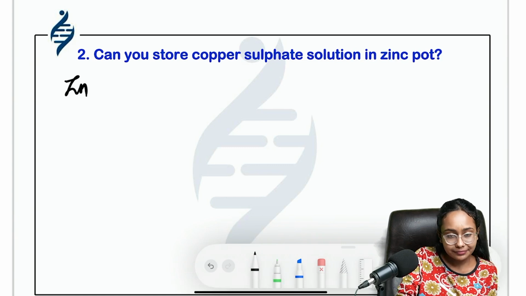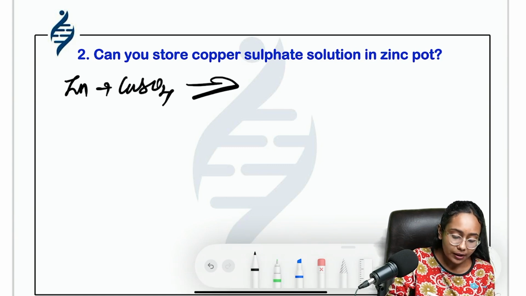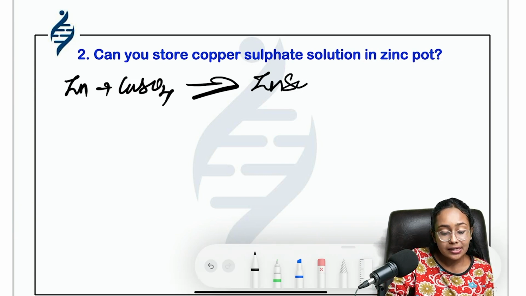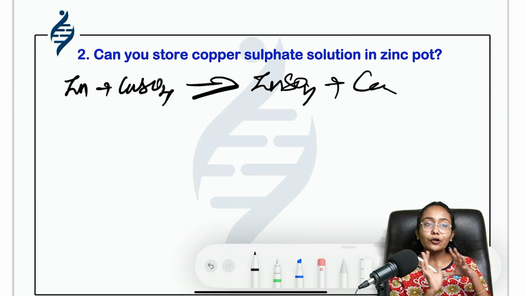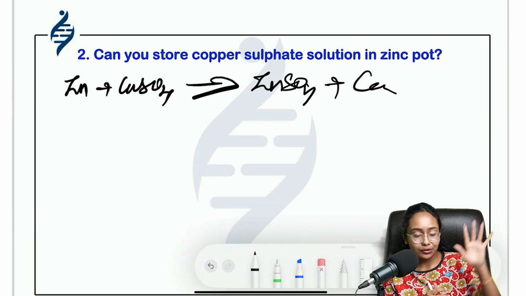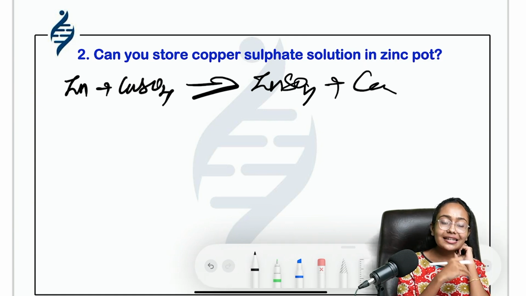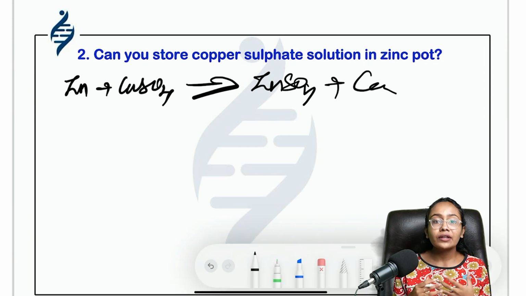Zinc, when reacting with copper sulfate, CuSO4, actually displaces copper. So what happens? Zinc sulfate is formed by displacing copper. Zinc is actually displacing copper because zinc is more reactive than copper.